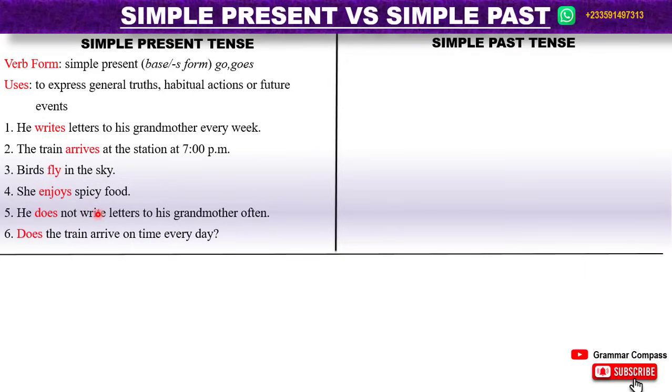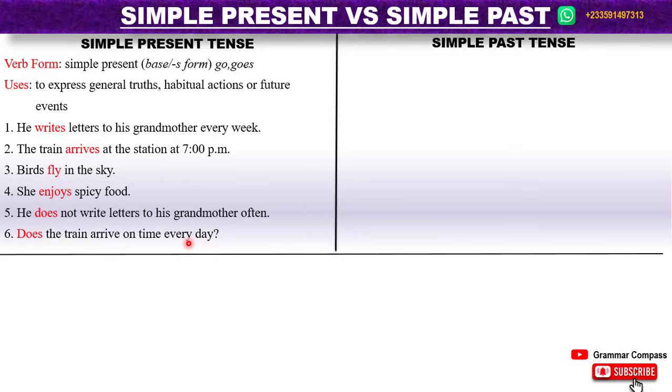He does not write letters to his grandmother often. In its positive sentence, we will say he writes letters to his grandmother often. So, simple present can be negative. It can even be an interrogative sentence. For example, does the train arrive on time every day?